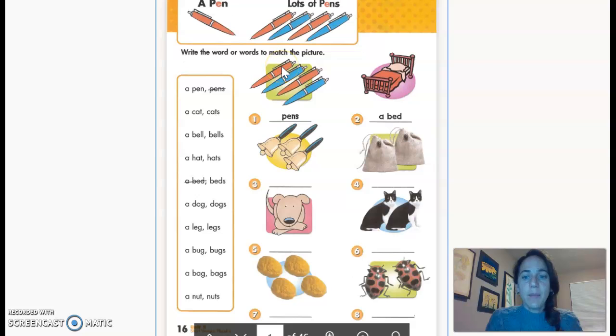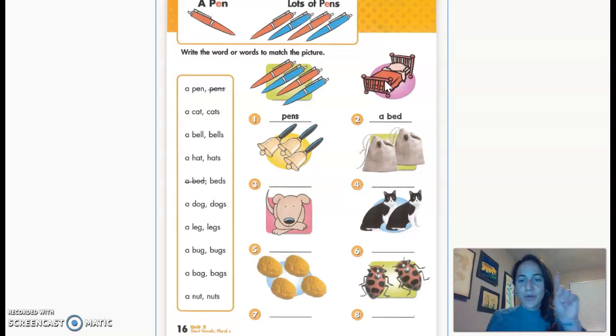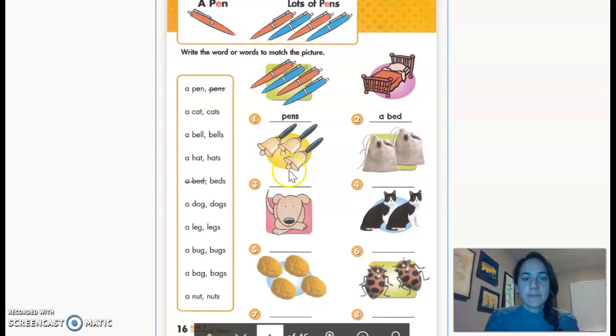Is this a pen or pens? Yes, pens. There's more than one. A bed or beds? A bed. There's only one. Would this be a bell or bells? Yes, bells. Is this a bag or bags? Yes, bags.